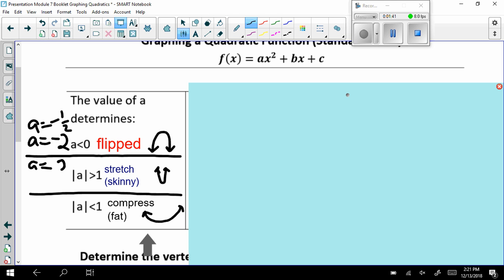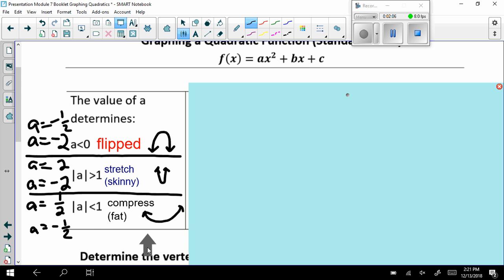Your a value is bigger than 1 or less than -1. So the number itself is bigger than 1, and then it can be positive or negative. That's what the absolute value means. And then the compression happens when we're less than 1. And again, think of that as the number itself is less than 1, and it can be positive or negative.